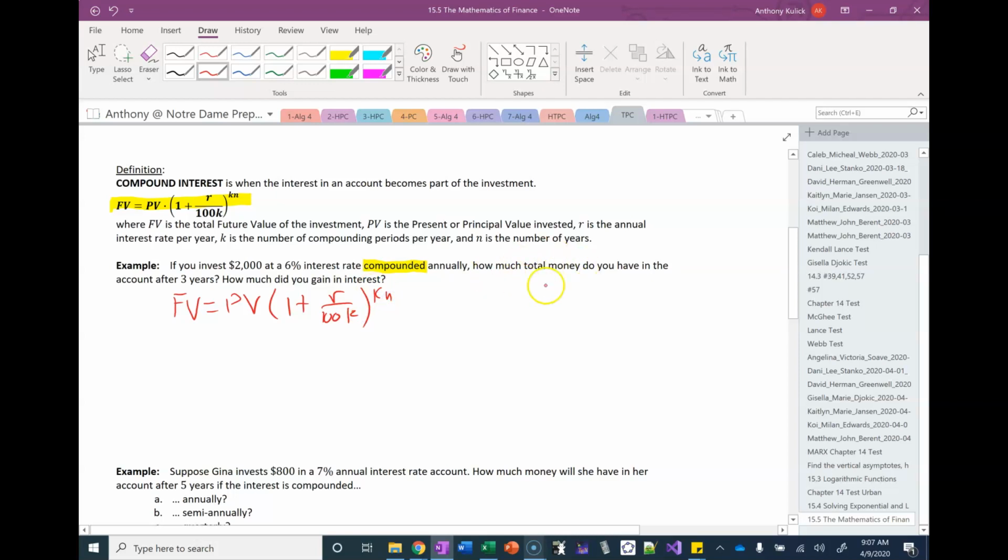If we want how much total money we're going to have in the account after 3 years, we're looking for the FV. The present value, the initial investment, is $2,000. The interest rate as a percentage is 6. And then K, what is K? Again, K is the number of compounding periods per year.